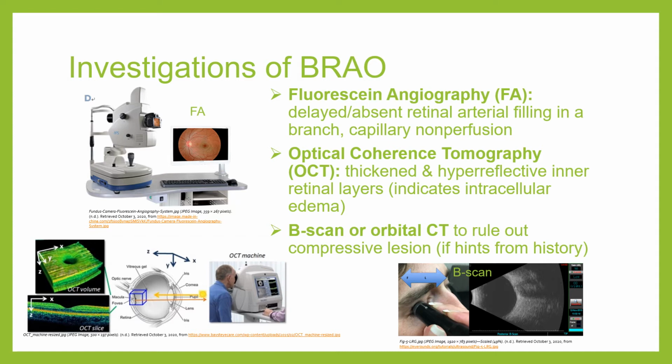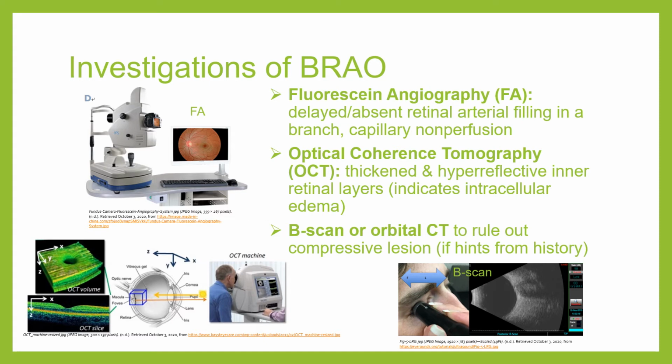OCT can also look at the cross-section of the retinal layers, and if there is a thickened and hyperreflective inner retinal layer, this can indicate intracellular, not intercellular, edema. B-scan or an orbital CT can be used to rule out any compressive lesions, because we covered that this can be causing BRAO as well.